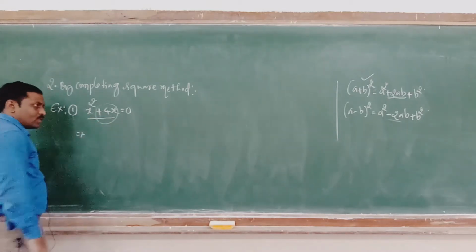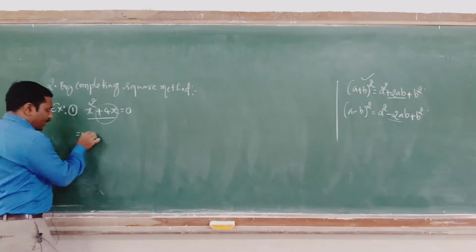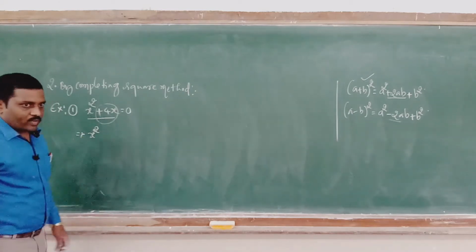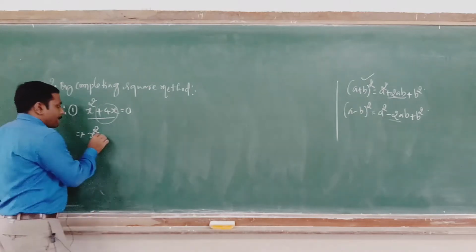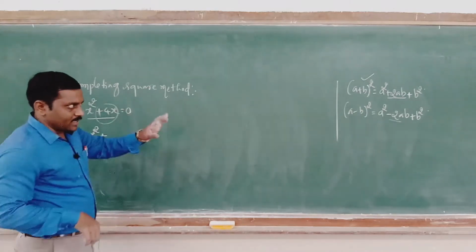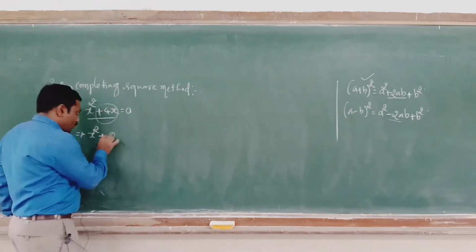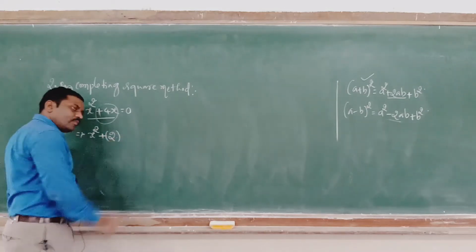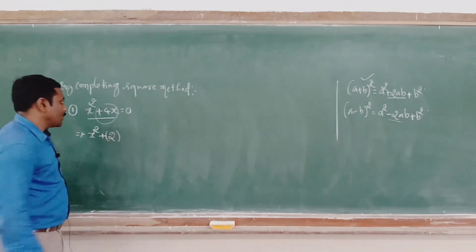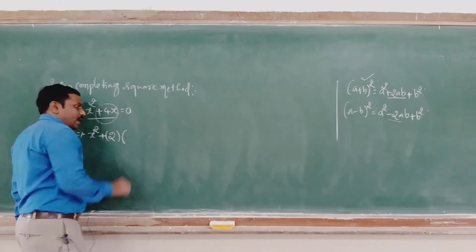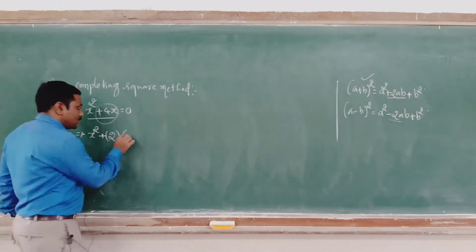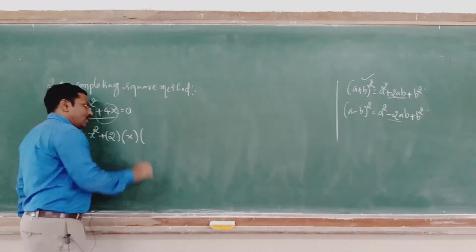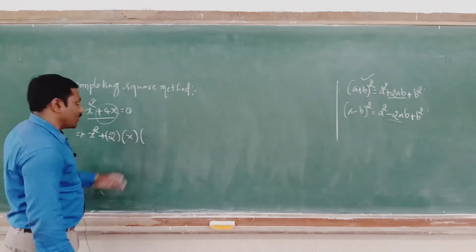So here x square is nothing but a square, plus, keep as it is, 2ab. The value of a is x here, and b?